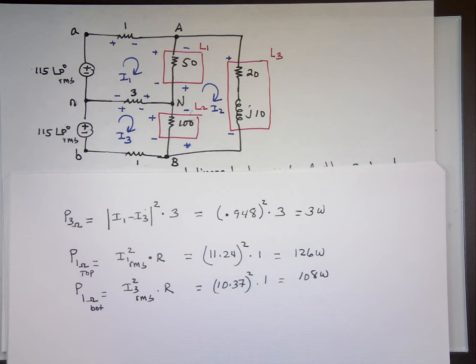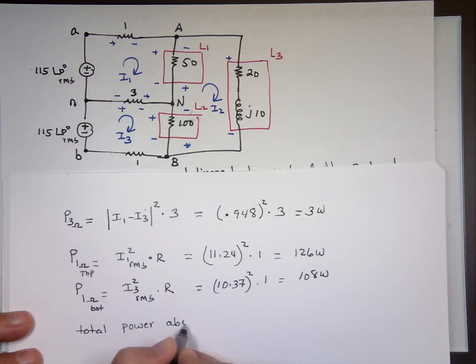You know what, while we're at it, let's see how much power was absorbed by all these values. So the total power absorbed is equal to... Well, I see the 108 from here. I see the 126. I see the 3.